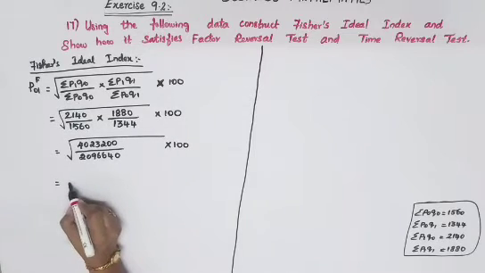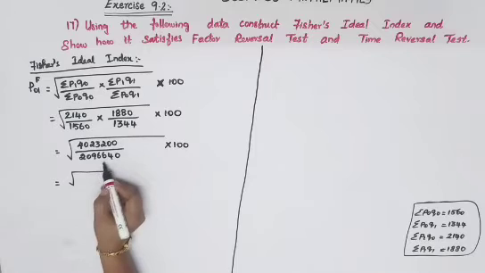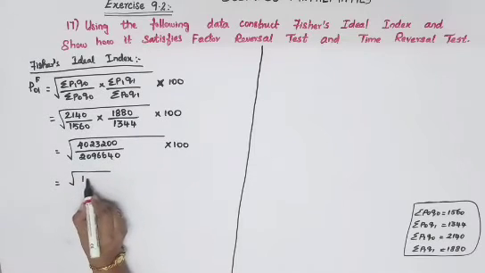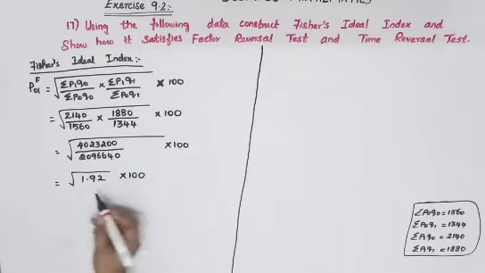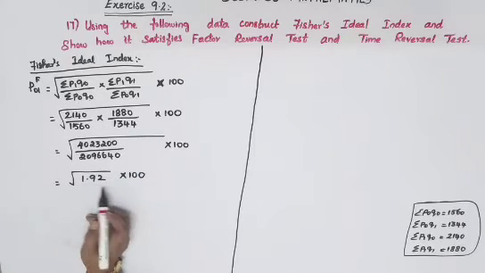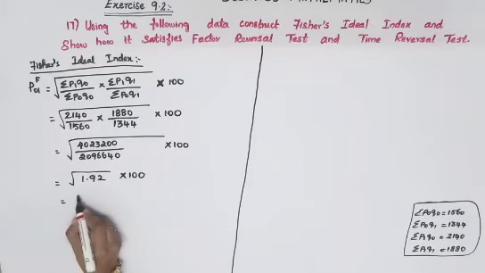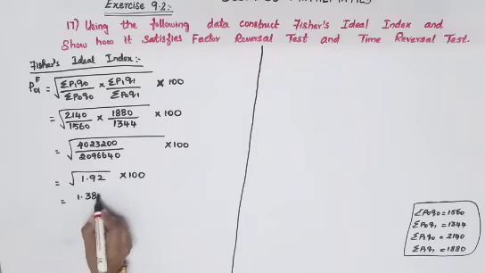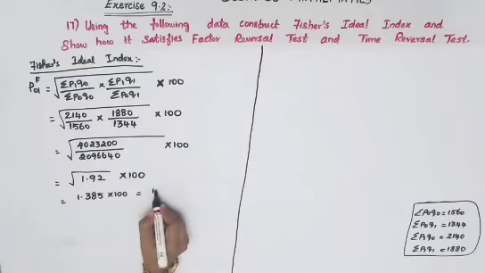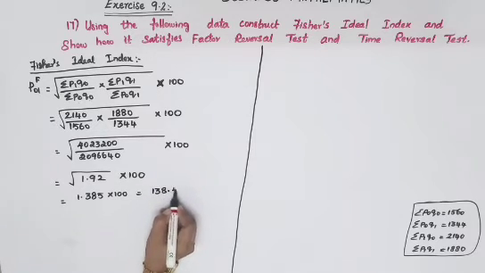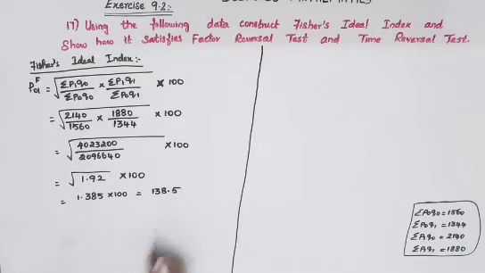Which is equal to the root of, now dividing these two numbers, you will get 1.92, into 100. Now you will have to find the root of 1.92. The answer will be 1.385 into 100, which is equal to 138.5. So this is your Fisher's ideal index answer. That is your first part answer.